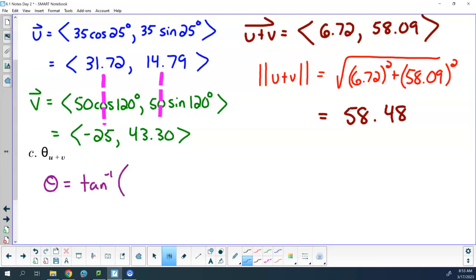Inverse tangent of 58.09 divided by 6.72. Inverse tangent gets me an actual theta angle of 83.40 degrees. And since we're in quadrant 1, that's what it is.